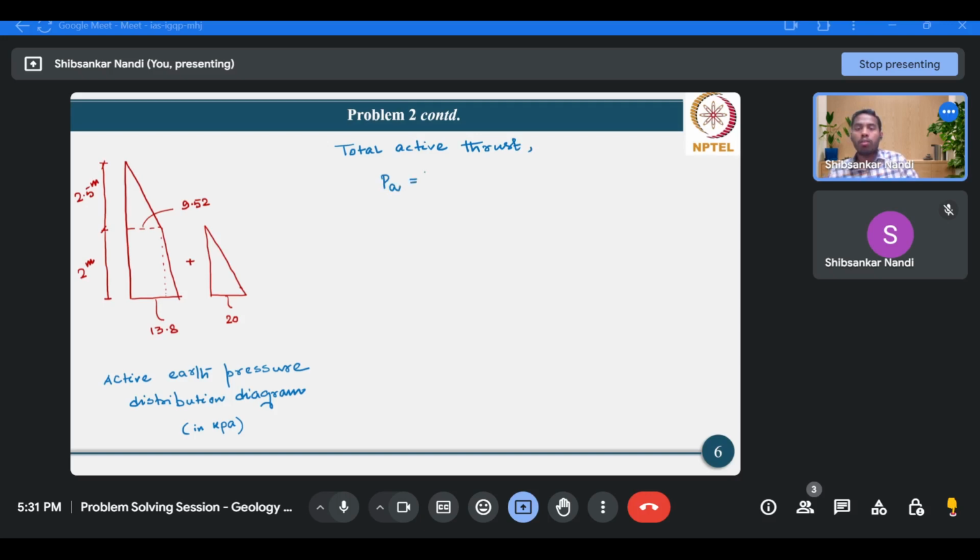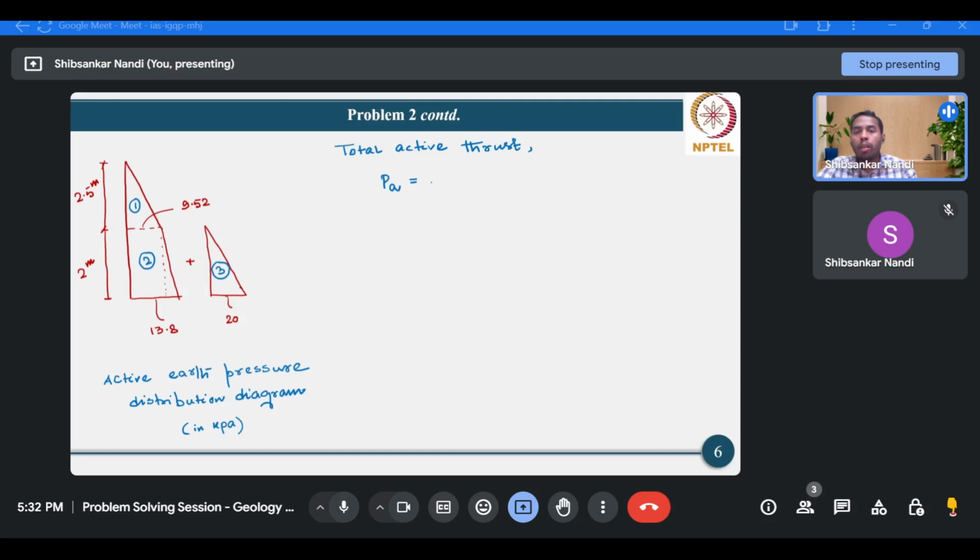If we split this entire distribution into regular geometries, in the sense triangle, rectangle, we can calculate the area of those geometries and take the sum of all the areas, so that will govern the total active thrust, which is basically acting behind the wall or at the back face of the wall. Okay, so this is your component 1, this is component 2, and this is component 3.